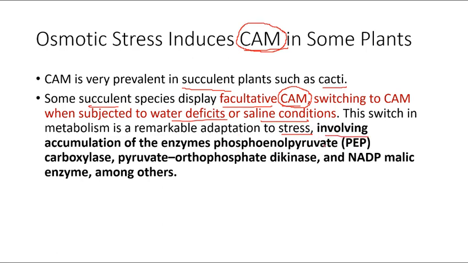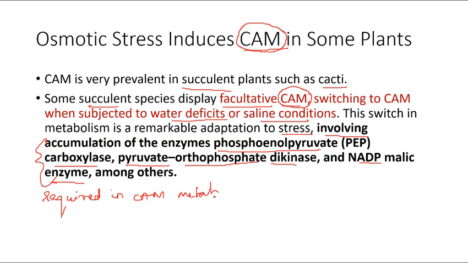It involves the synthesis of one important enzyme known as PEP, phosphoenolpyruvate carboxylase, another enzyme pyruvate orthophosphate dikinase, and NADP malic enzymes. So remember, these are all enzymes required in CAM metabolism. Once they start shifting to CAM metabolism in the water deficit condition, they synthesize these enzymes.